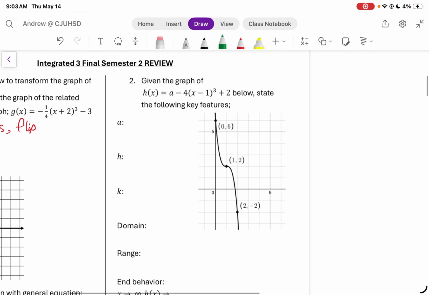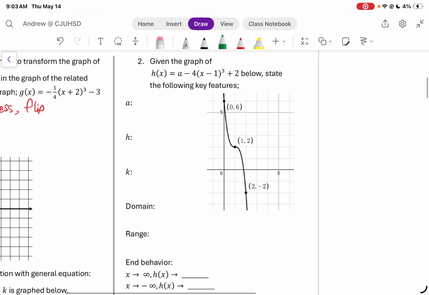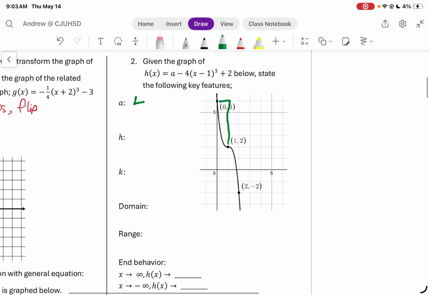Okay, next we've got, given the graph, state some of the key features. So if we use that idea again, if we go from 2 to 6, then the a is 4. The h and the k are contained right here. H is 1.